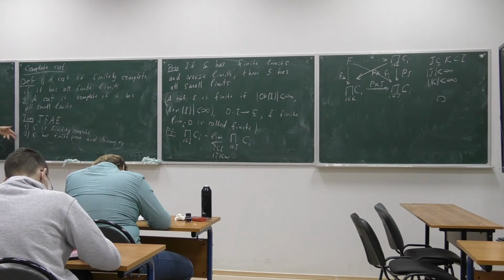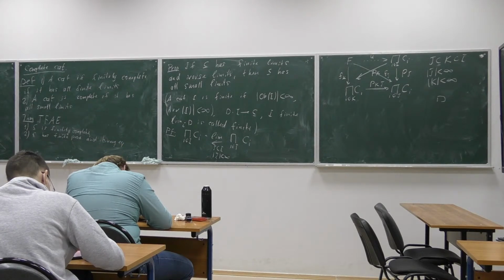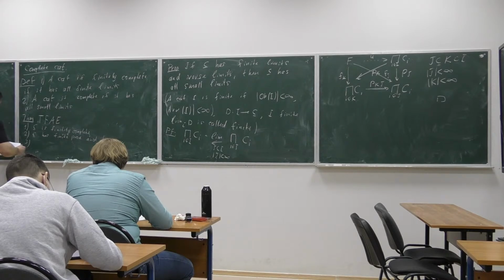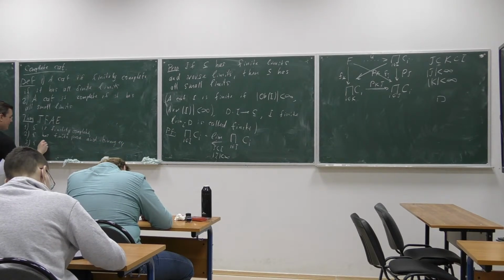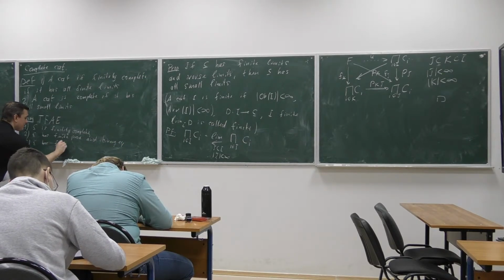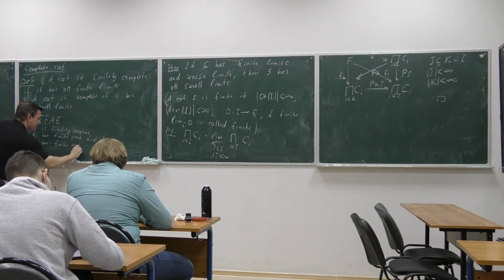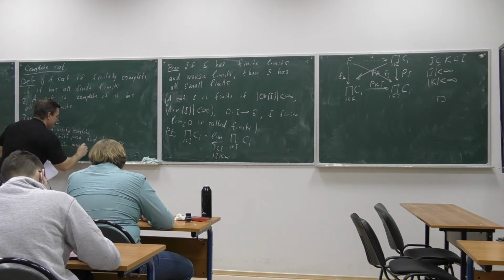And we already know this; it follows from the theorem at the end of the last lecture. Three, we can reformulate this a little bit differently: C has finite products and pullbacks.